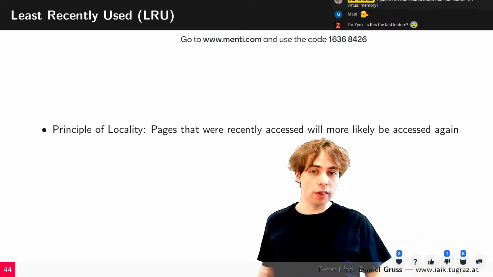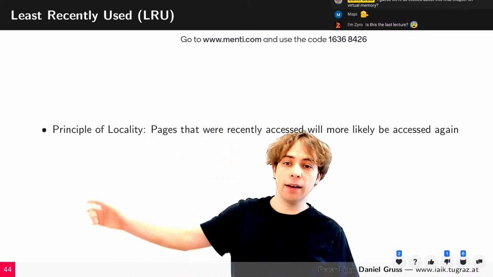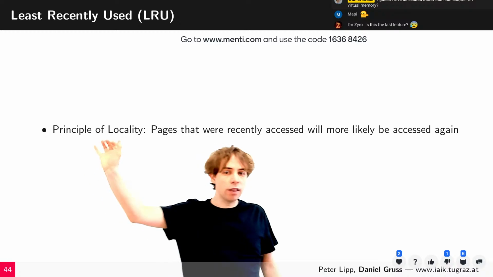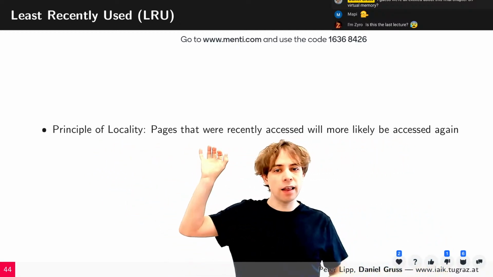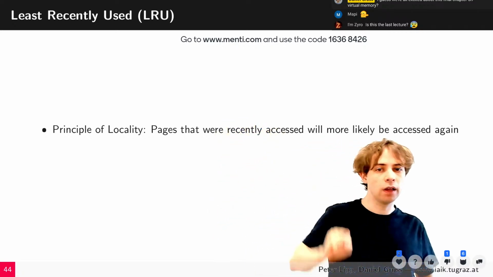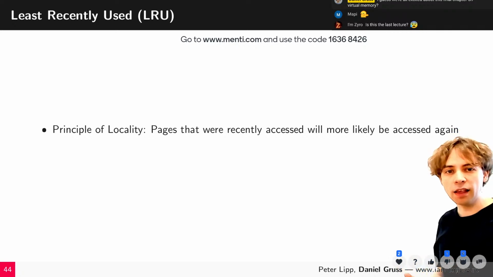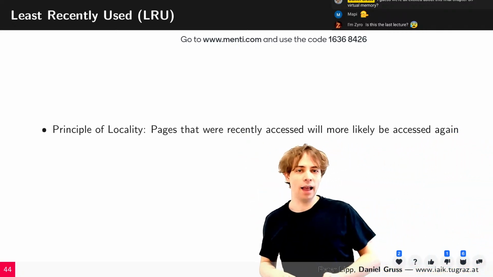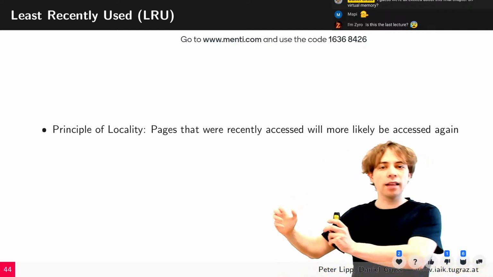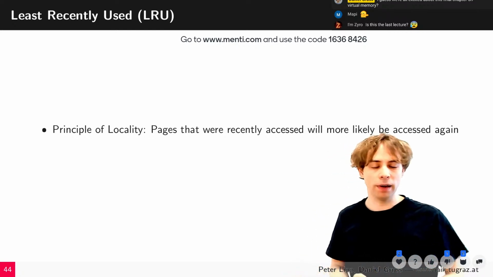The caches use an approximation of LRU, pseudo-LRU, and LRU uses the principle of locality more explicitly. Pages that were recently accessed are more likely to be accessed in the near future. So that means LRU will keep those pages, and pages that have not been accessed for a long time will be kicked out with a higher probability.